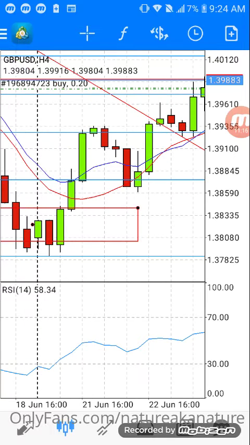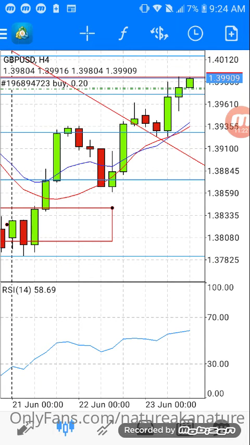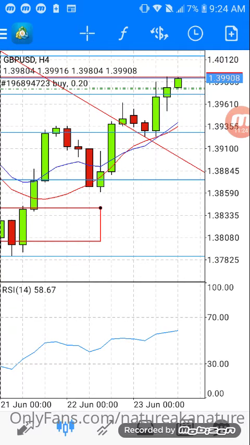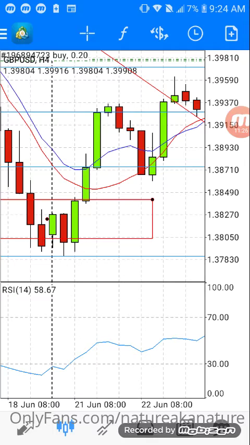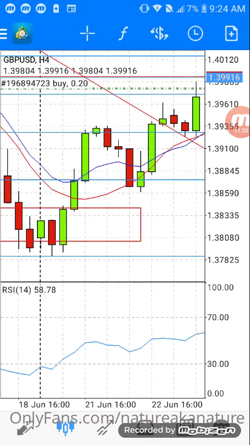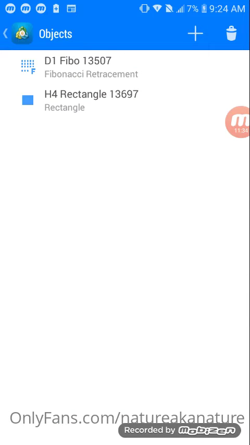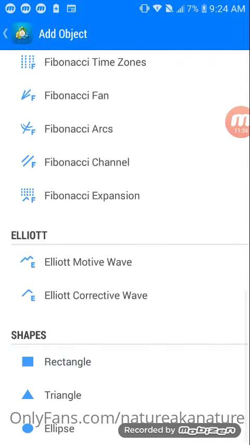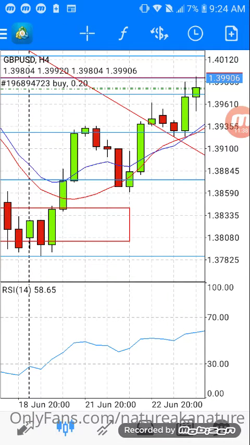Another little mini consolidation right here. You can even say another mini consolidation, like right here. Then price broke that. So you can draw little mini consolidations. If you miss this entry, the next one will be right here. We would draw another little box right here.